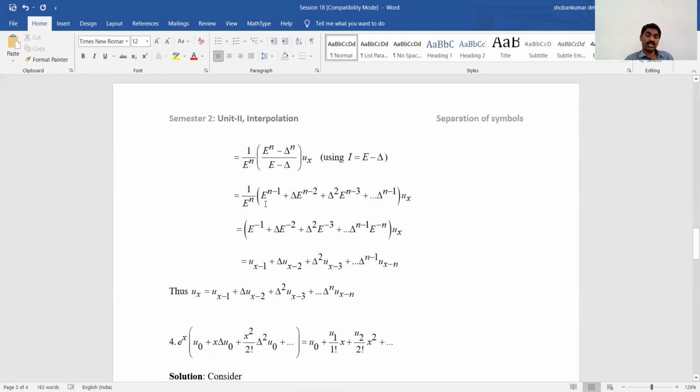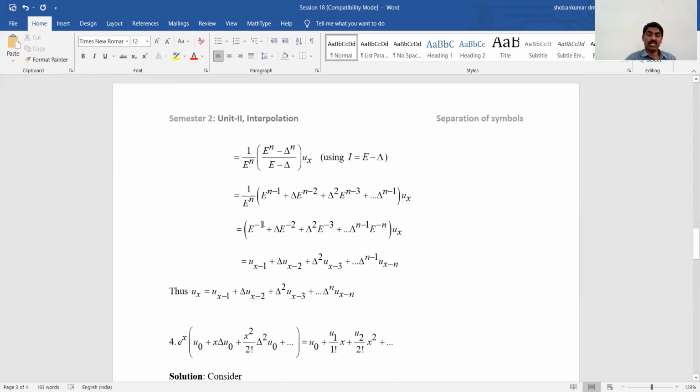That is equal to e raised to n minus 1 by e raised to n. E raised to n gets cancelled, remaining e raised to minus 1, and here also e raised to n gets cancelled, plus delta e raised to minus 2 plus delta square e raised to minus 3 plus and so on delta raised to n minus 1 e raised to minus n into ux.